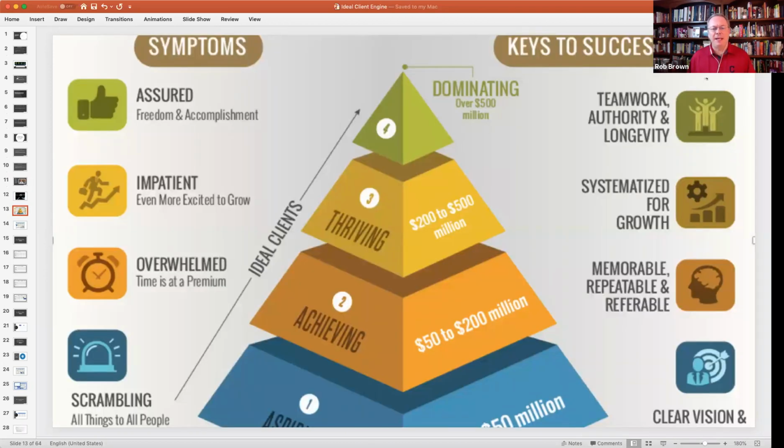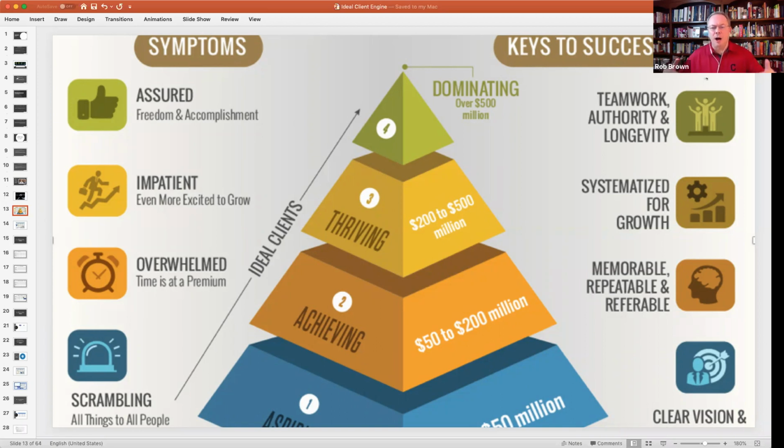All of the shifts are based on my belief that there is a hierarchy in this industry, where there are basically 4 stages that every advisor or advisory firm moves through, from aspiring, kind of down at the lowest, foundational level, then moving to achieving, thriving, and then dominating.